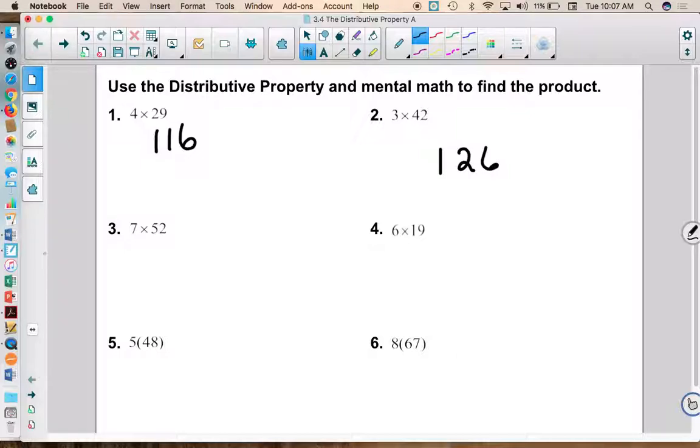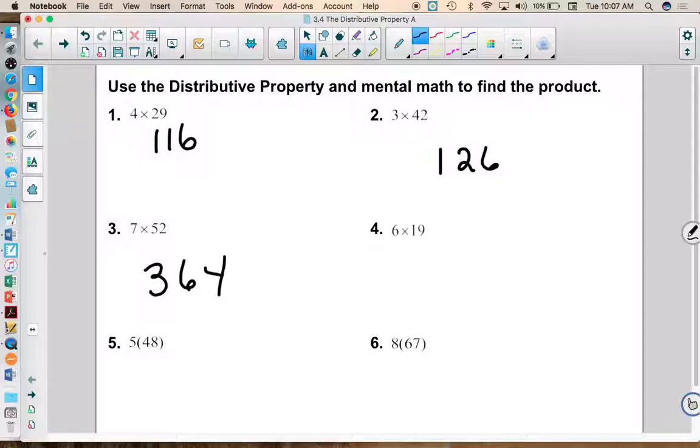Okay. What about number 3? Number 3, Chloe. 364. Do you agree with her? Yeah. I don't think I agree with that. What about number 4? Number 4.